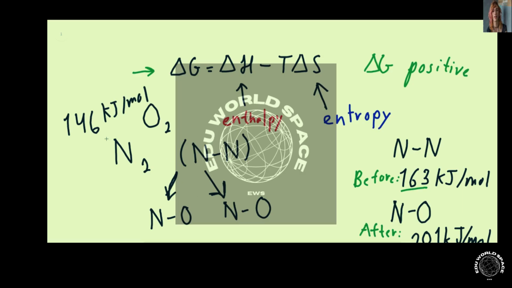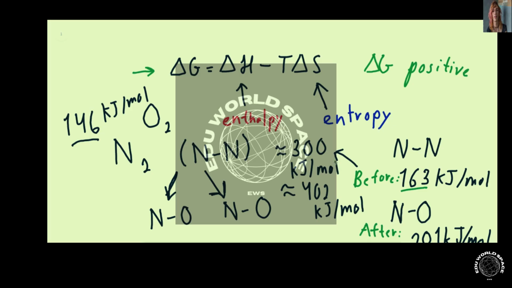So adding 146 and 163, we get about 300, something like that. That's before. And after, we get something like 402 kilojoules per mole.